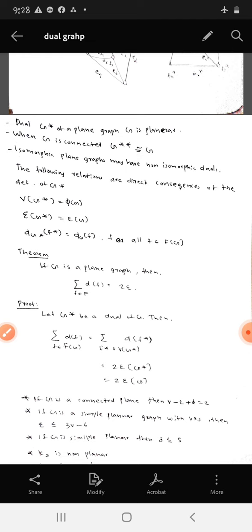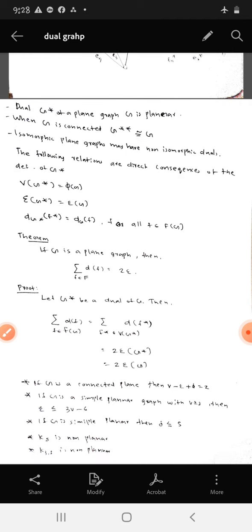When G is planar and connected, then G star star is isomorphic to G. Isomorphic plane graphs may have non-isomorphic duals. The following relations are direct consequences of the definition of G star.